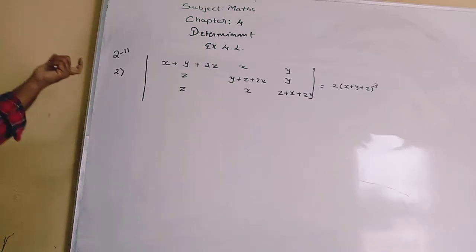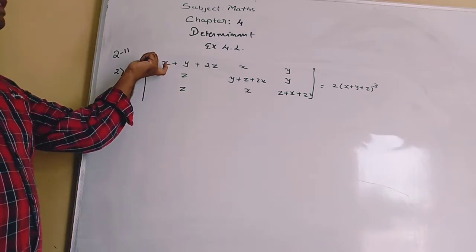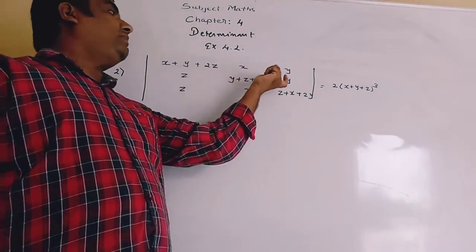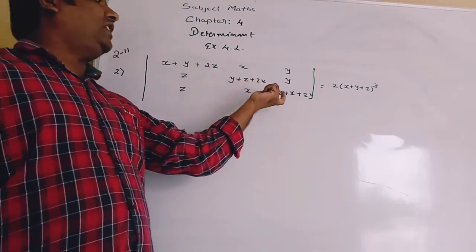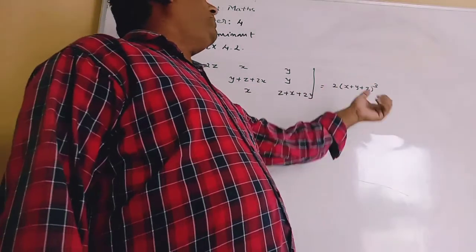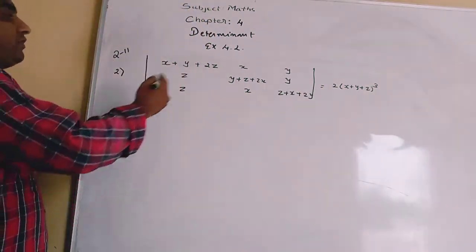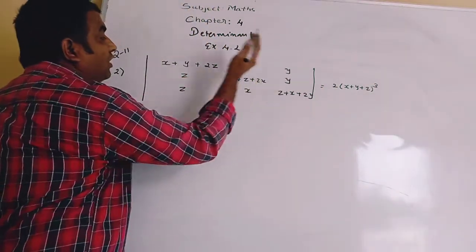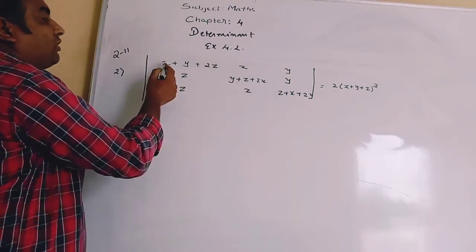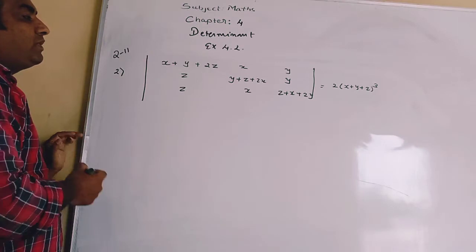Next, second question is there, prove that the determinant with rows (x plus y plus 2z, x, y), (z, y plus z plus 2x, y), (z, x, z plus x plus 2y) equals 2 times x plus y plus z whole cube. So here the second column and third column we add, then x and x is 2x, y and y is 2y, so it will become 2 times x plus y plus z.